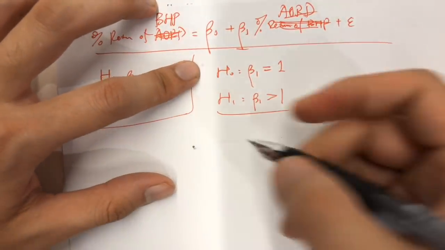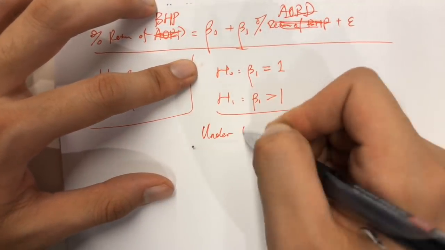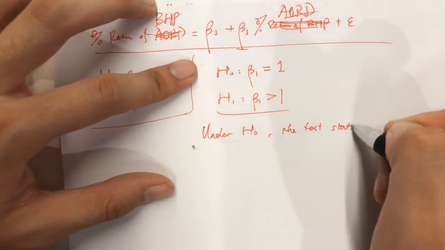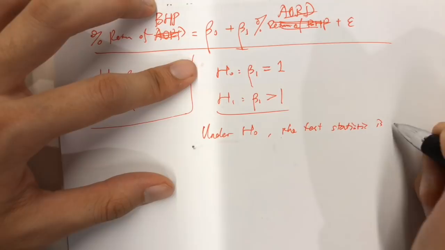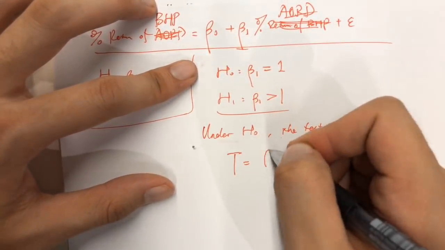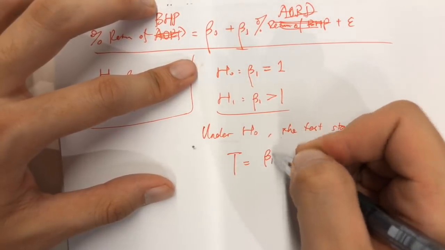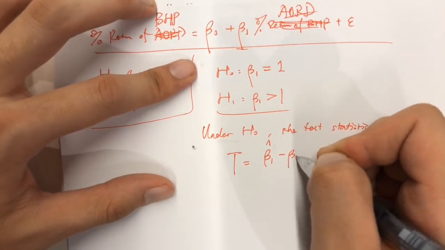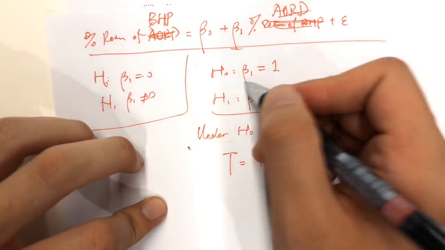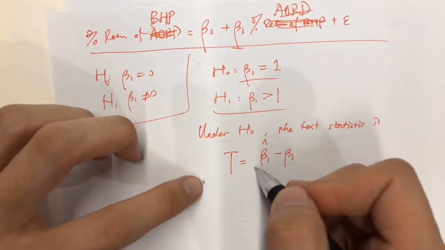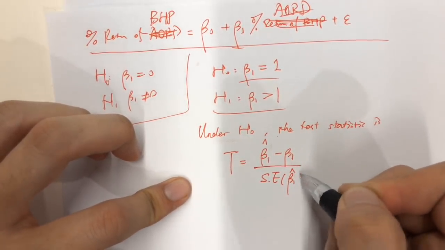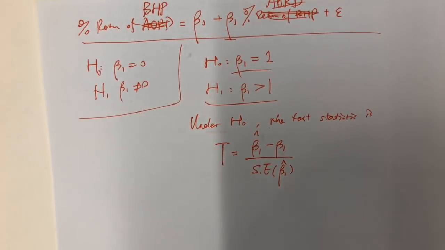In order to get full marks, under H0, the test statistic T is beta 1 hat minus our hypothesized beta 1, which is 1, and then divided by the standard error of beta 1 hat, okay?